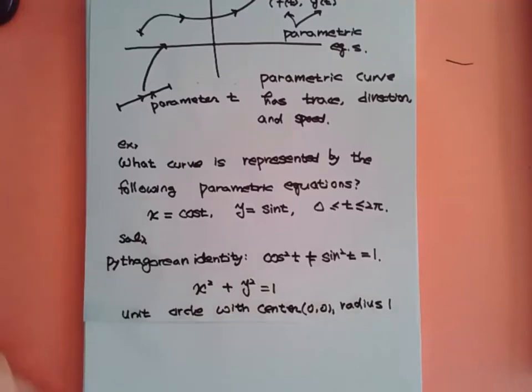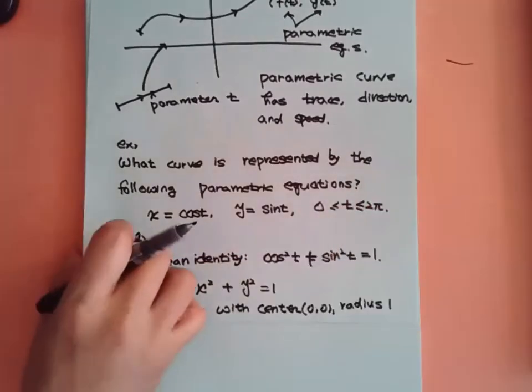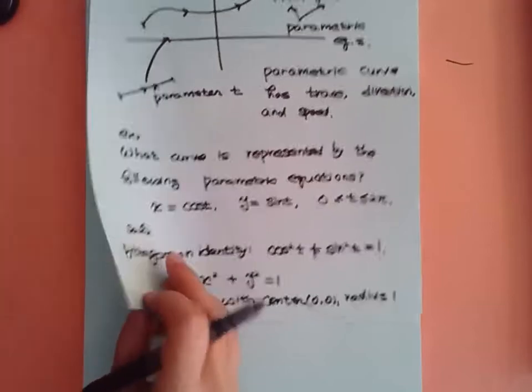By applying the Pythagorean identity, what we realized was that the trace of the given parametric equation is indeed a circle with a center 0, 0 and radius 1. However, when we consider the parametric equation, it has speed and direction together. So we have to think about the direction to finish the problem.